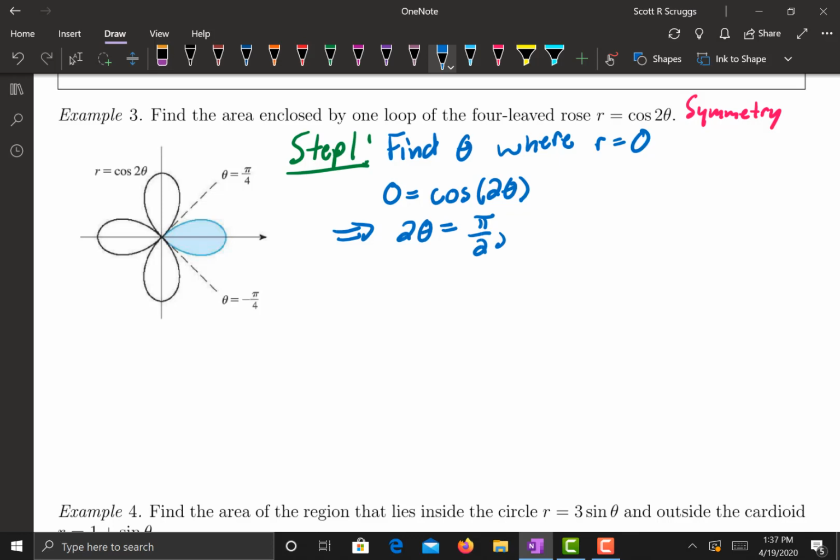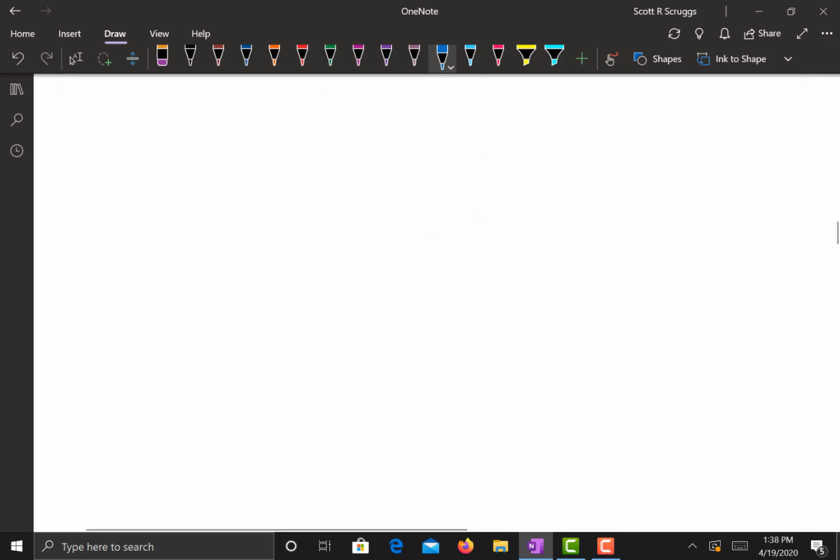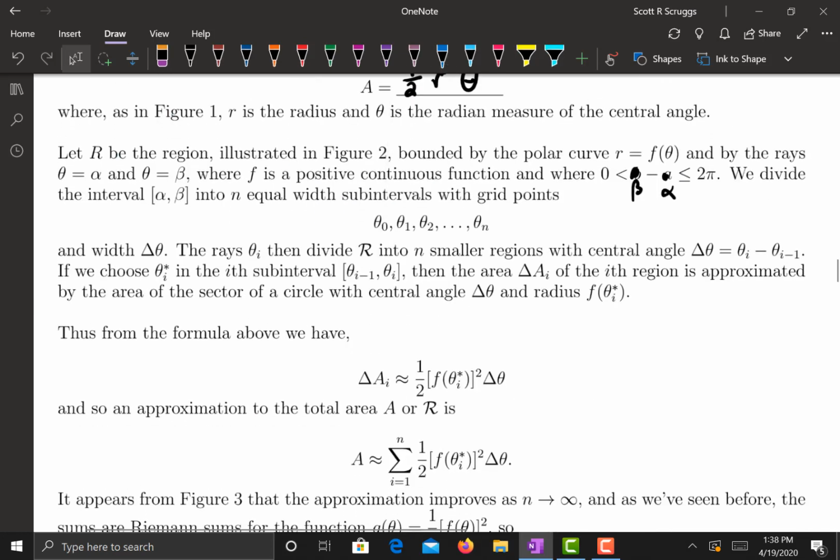So pi over 2, 3 pi over 2, 5 pi over 2, 7 pi over 2. You can keep on going with that, and you can even include negative numbers: negative pi over 2, negative 3 pi over 2, and so on. But that's when 2 times theta equals those values. Let's scroll back down.